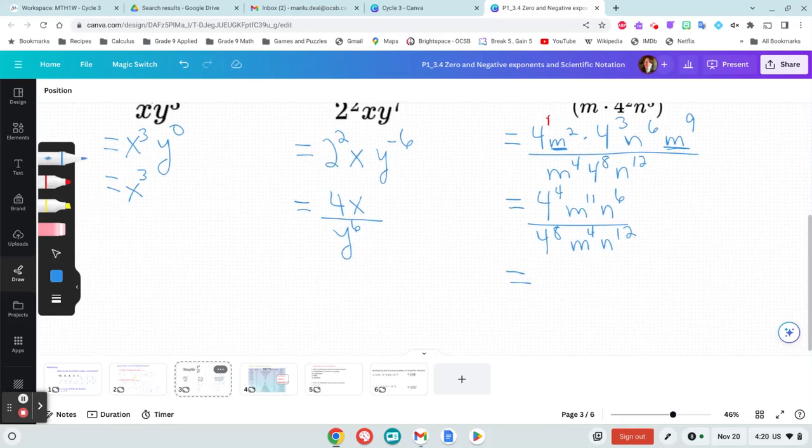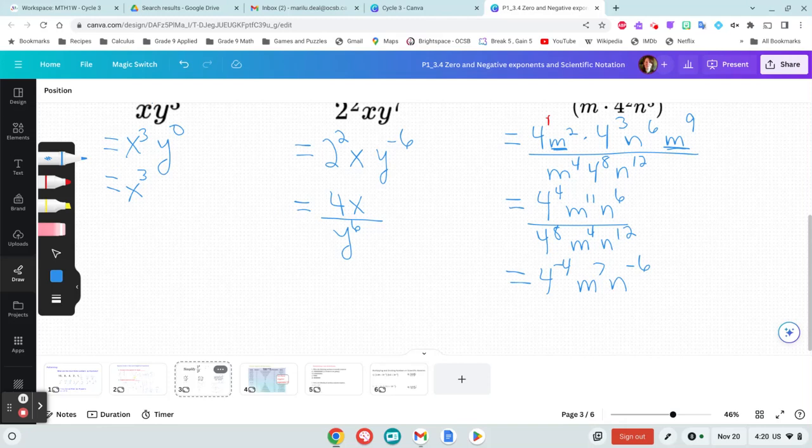So now I can use my common base rules. So I have 4 to the negative 4, m to the 7, and n to the negative 6. So when I see that, I'm like, oh, wait a minute. I have two terms that are negative. So I'm going to need to make those positive.